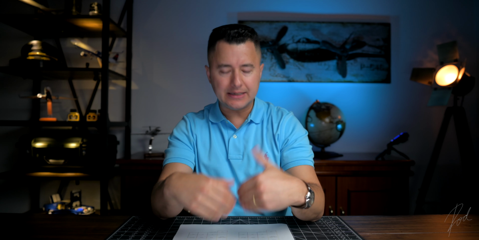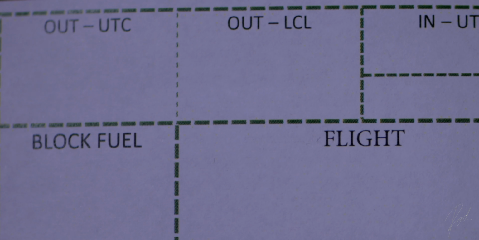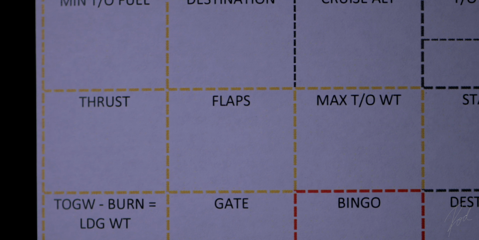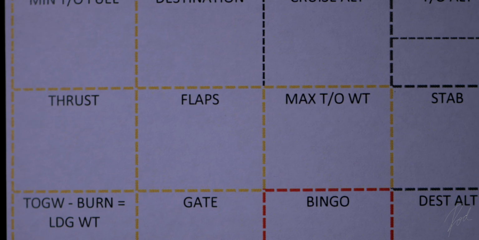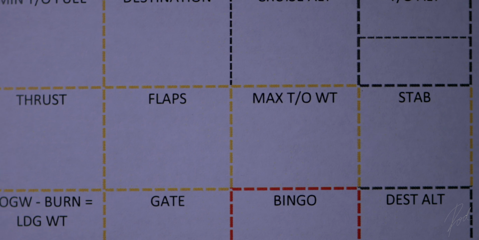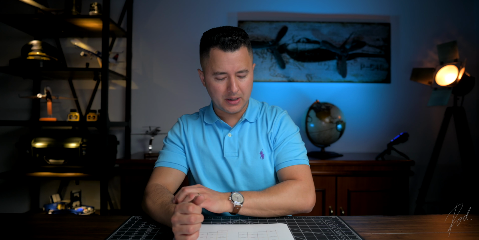Just from a top-down general perspective, I did color code it, as I guess you would expect. Green would be the pre-flight and normal operations numbers that we have. Those are the green boxes. The yellow boxes are after weight and balance has been done and prior to takeoff, very important numbers.